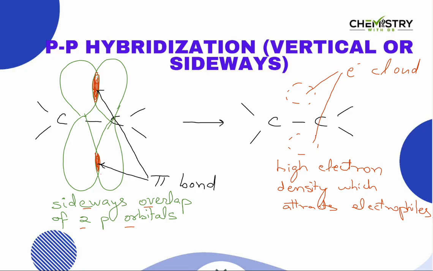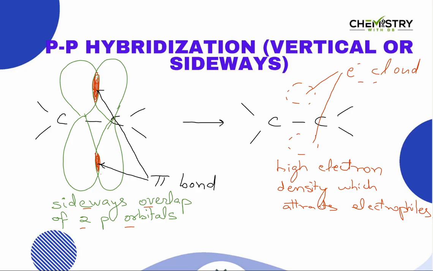As a result, there is less attraction from the nuclei of the two atoms for this shared pair of electrons. Because of this sideways overlap, there is an area of very high electron density above and below the plane of the molecule or the bond.